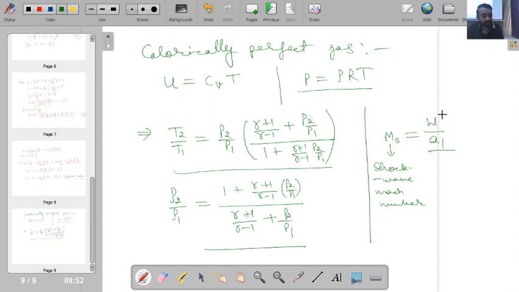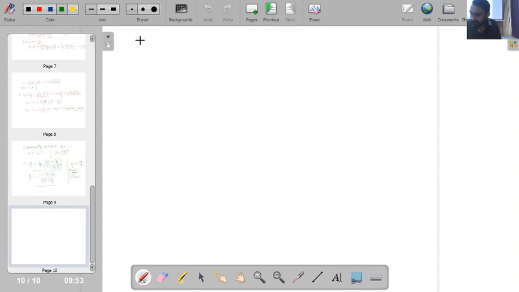With reference to that, the parameter I am defining is Ms. Now if I substitute this definition, W by A1 of shock wave, into my momentum equation, I will finally get a relation between Ms and P2 by P1. And that relation will be P2 by P1 equal to 1 plus 2 gamma by gamma minus 1 into Ms square minus 1.